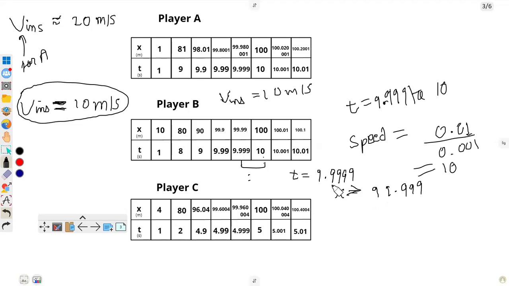So this will actually break our pattern, or this is a change that we have assumed is not taking place. So between t is equal to 9.999 and t is 10, there is no sudden change.